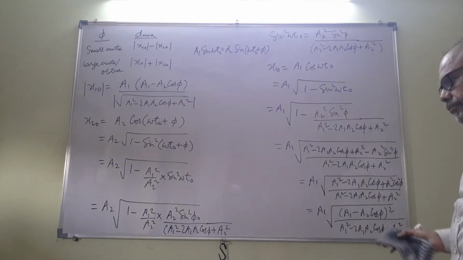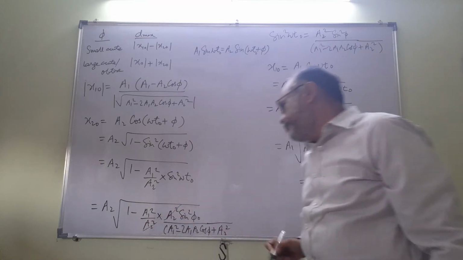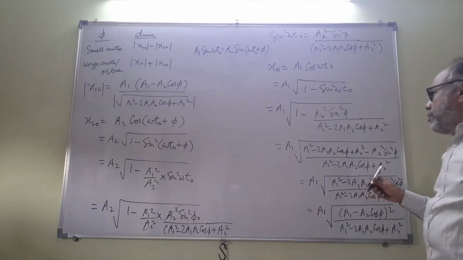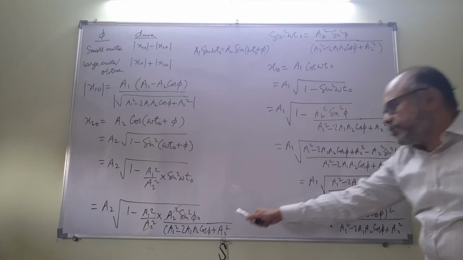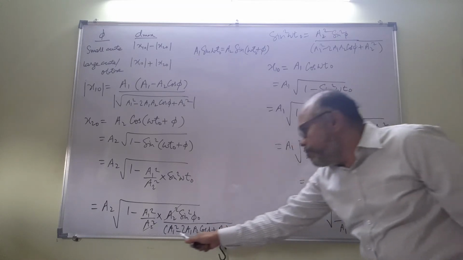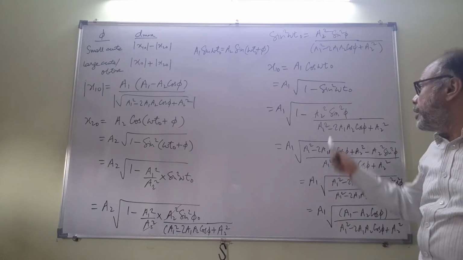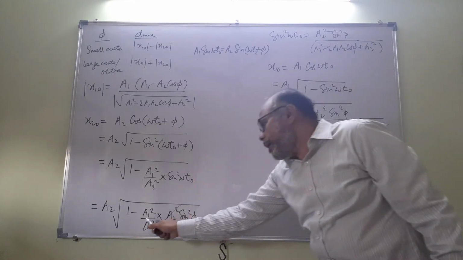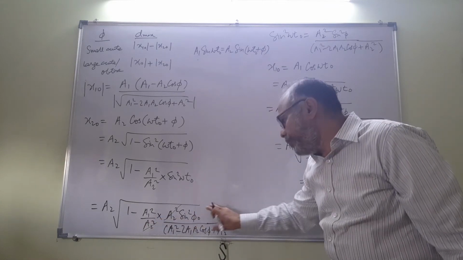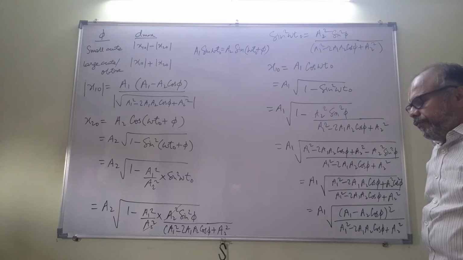So you have a2 squared cancelling. If you compare this expression and this expression, the denominator is the same. In the numerator you had a2 squared sine squared phi; here you have a1 squared sine squared phi.